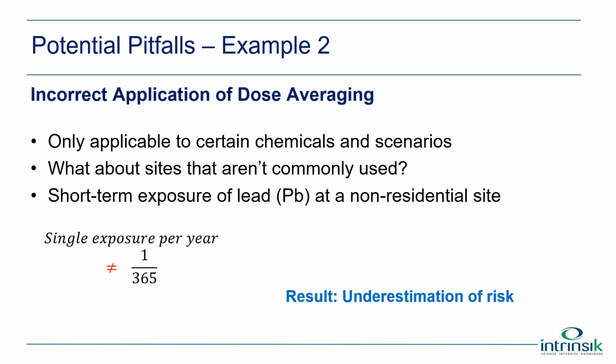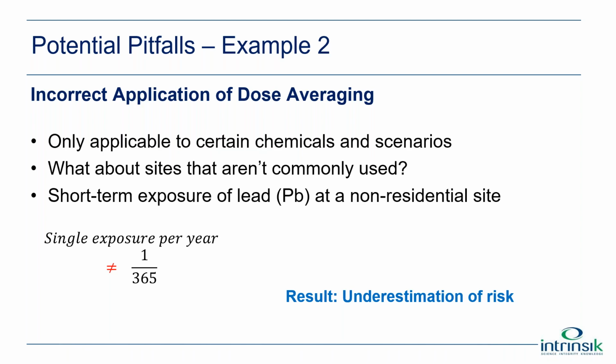It's maybe a trail system. They don't go there very often, and they go on a hike with their family, so they're exposed for a single day. And then they adopt a chronic toxicological reference value, and then they make the amortization of exposure, where they multiply the exposure estimate by 1/365.